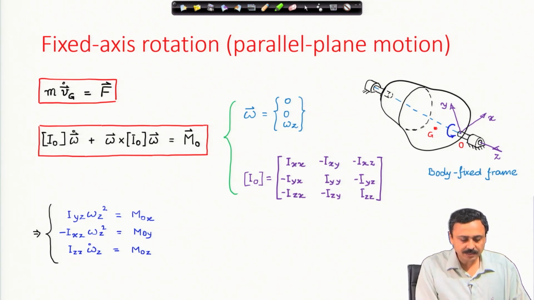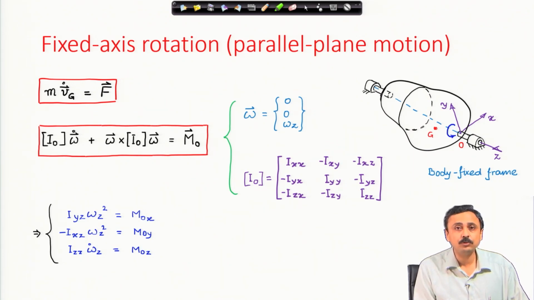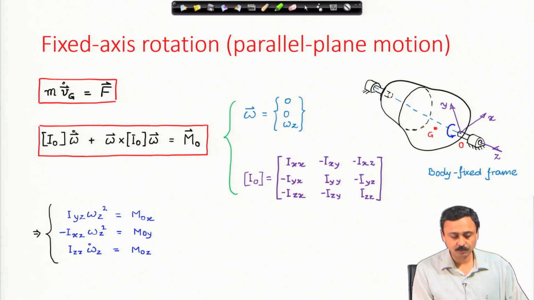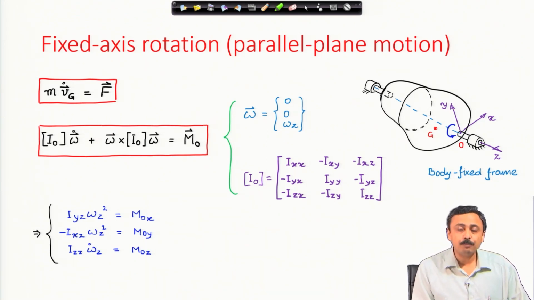And the third equation should remind you of the rotational dynamics equation that we used in planar kinetics of rigid bodies, and there we imposed this restriction that we were discussing for prismatic bodies. Why? That reason should now become clear.